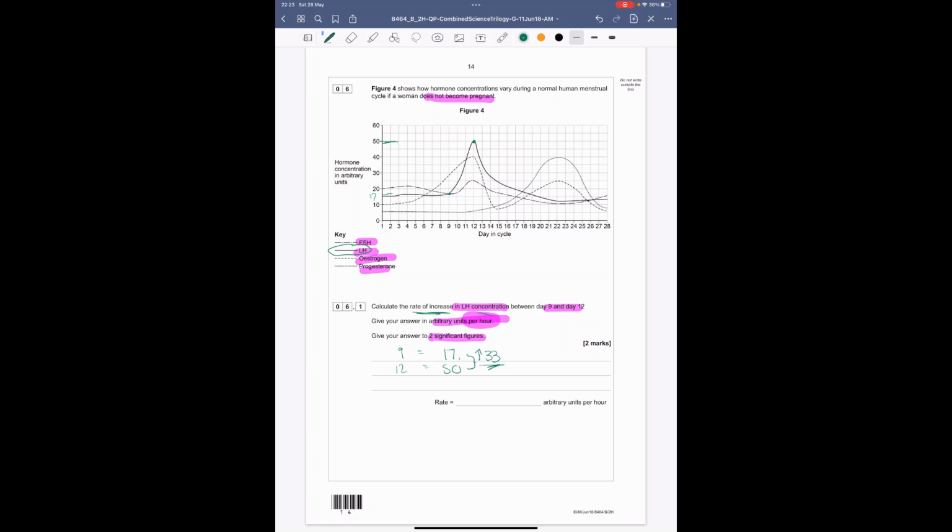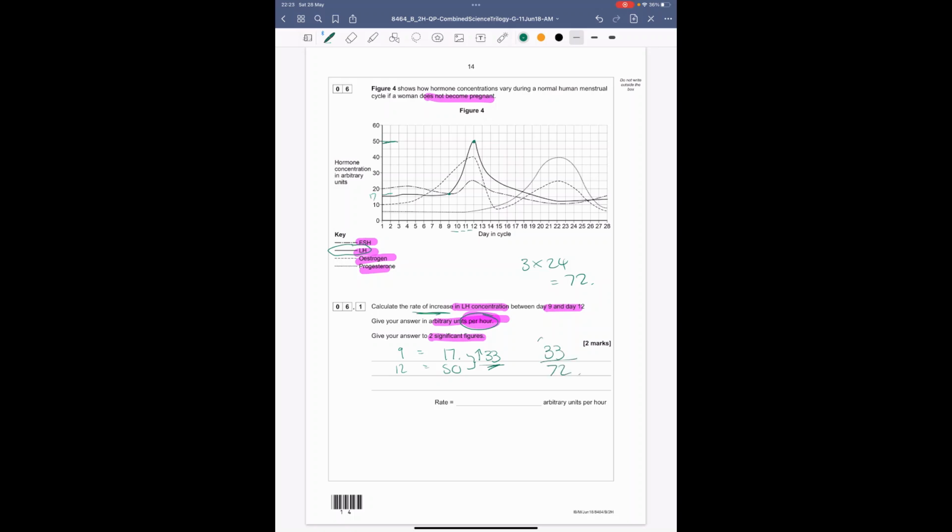Now, it's not asking us per day though, it's asking us per hour. So we've got a period of 1, 2, 3 days, and we want it per hour. So 3 lots of 24 hours gives us 72. So we have had an increase of 33 arbitrary units over 72 hours.